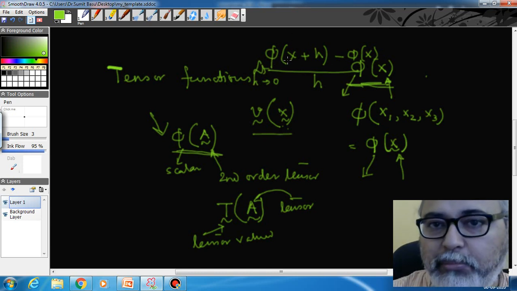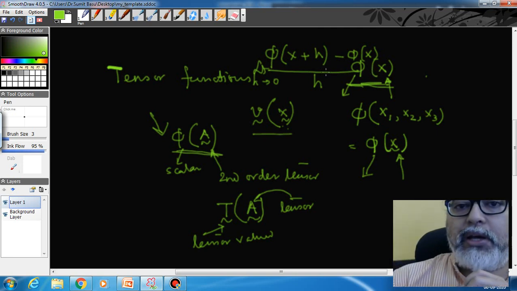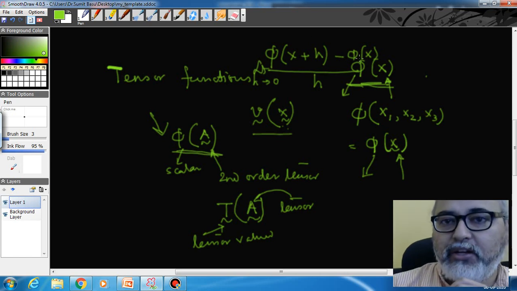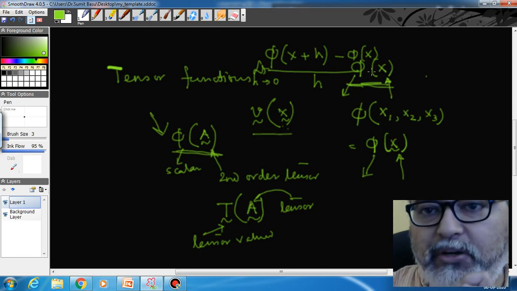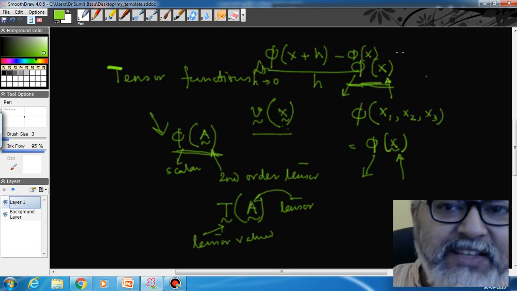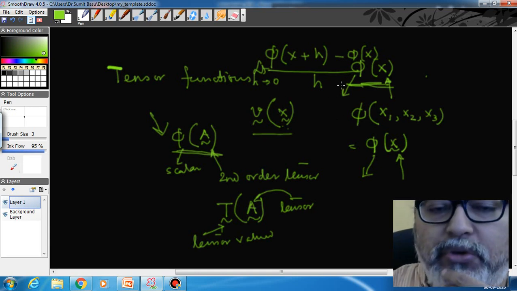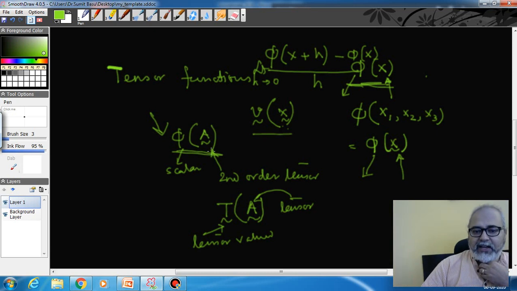So if I perturb x a little bit and divide by the amount of perturbation, that would give me the rate of change of phi with respect to x. That is the idea that we have used so far, and that is the idea that you are familiar with. However, that idea has to be generalized when we deal with an animal like this, which is a tensor which depends on another tensor.